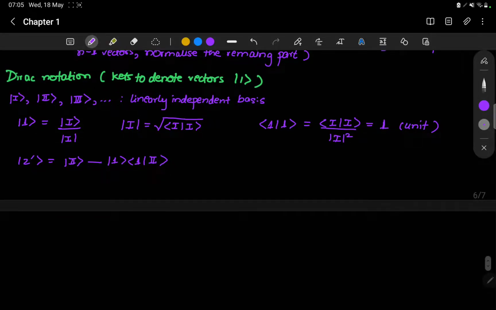Now what do we need to do? We need to check whether this subtraction indeed gives us a vector which is orthogonal to the first one or not. So for that, let us see the projection of this new subtracted vector along the first one.